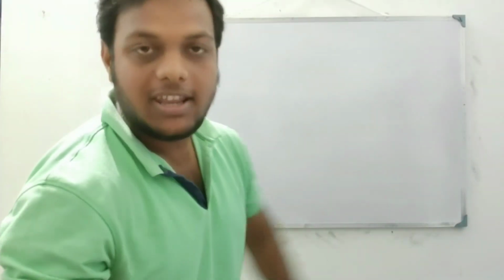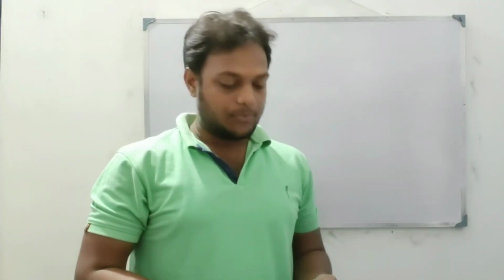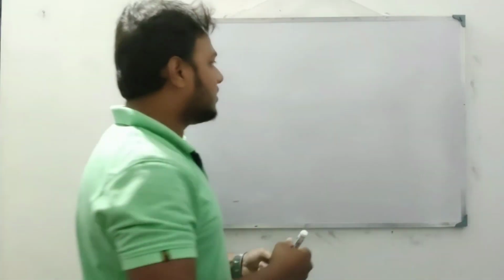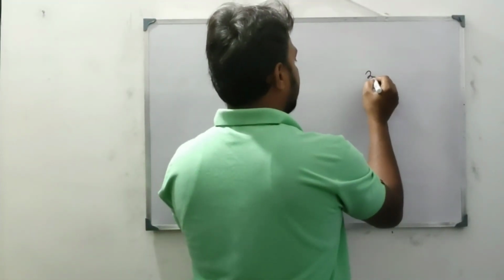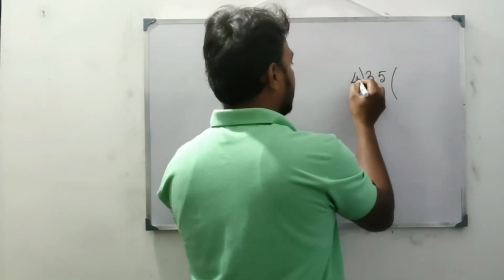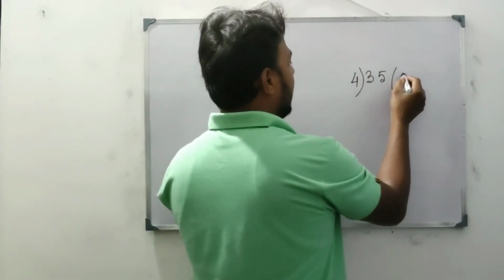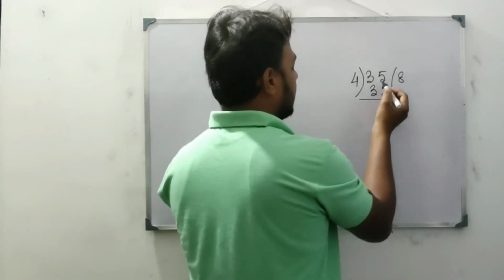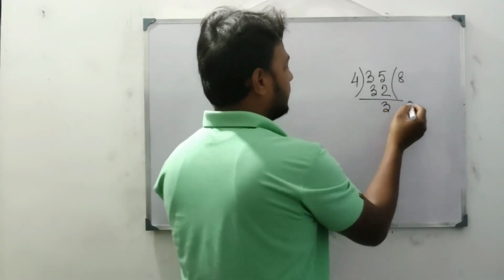I am explaining the division algorithm by considering an example. First, consider a division process: suppose we divide 35 by 4. 4 eights are 32, and the remainder is 3.